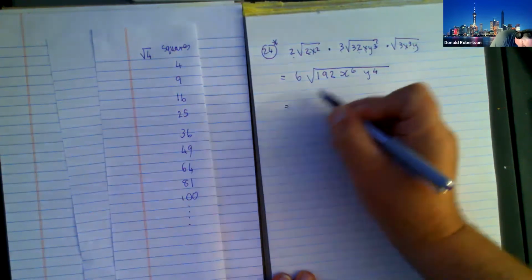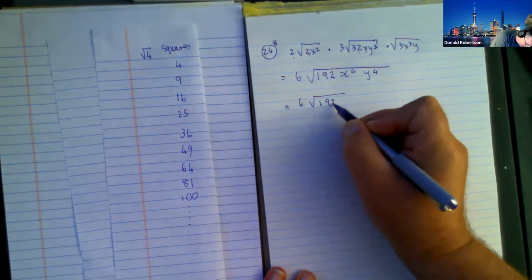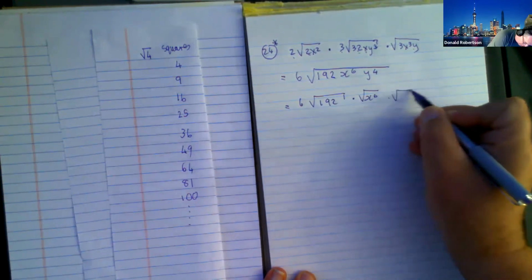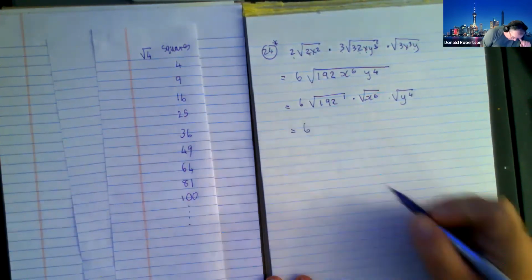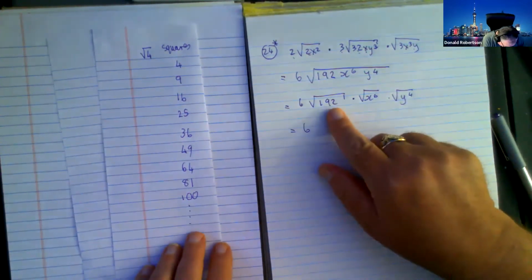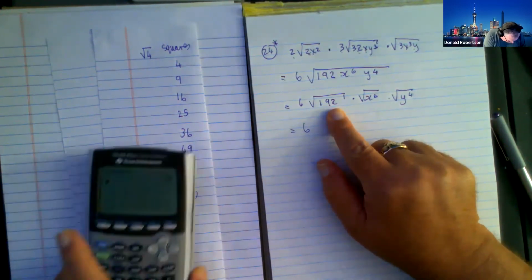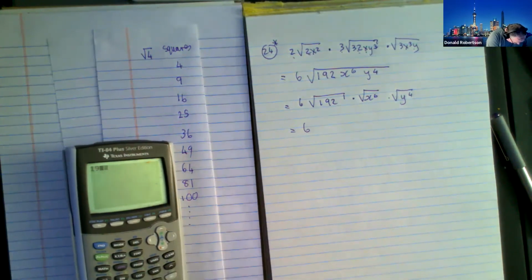So one single square root now gets simplified by breaking it into its constituent parts. So we've got those guys. I'm looking for a number that works with 192. Let's try 81, just to check it out. Does 192 divide exactly by 81?